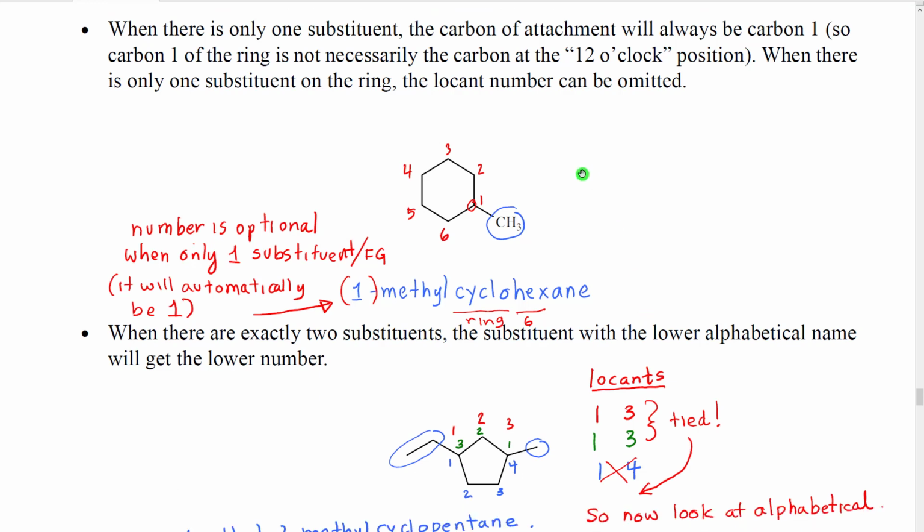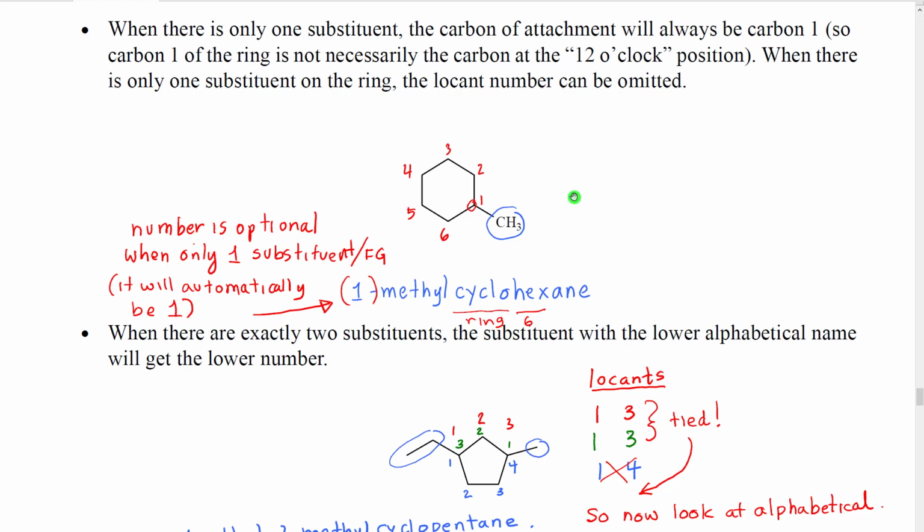When there's only one substituent in a ring, the carbon where that substituent is attached will always be carbon 1. Now, be careful that carbon 1 will not necessarily be at what we could call the 12 o'clock position, in analogy to where 12 o'clock is on a clock face. It can be anywhere, depending on how the molecule was drawn.